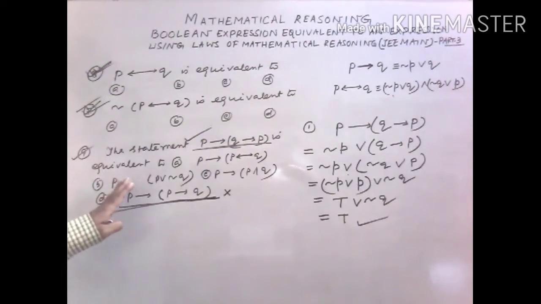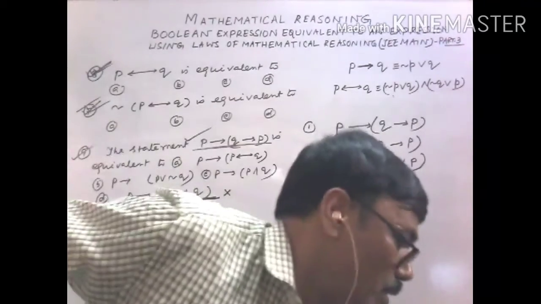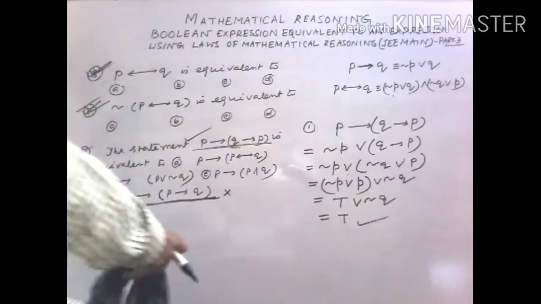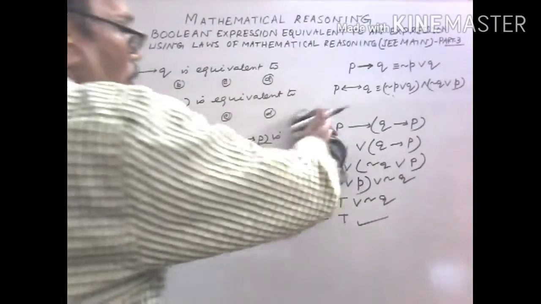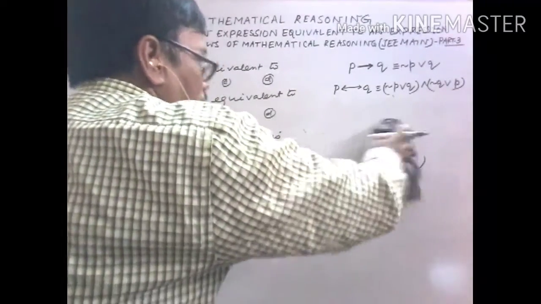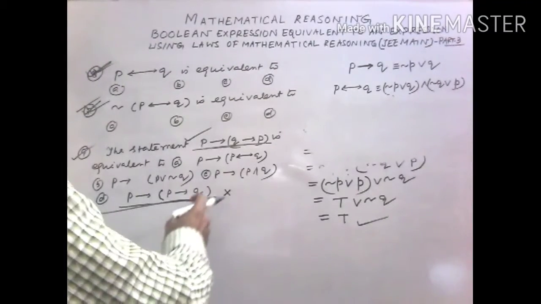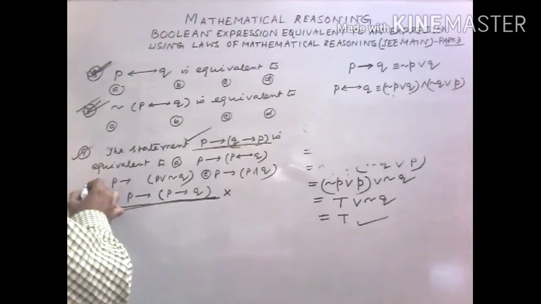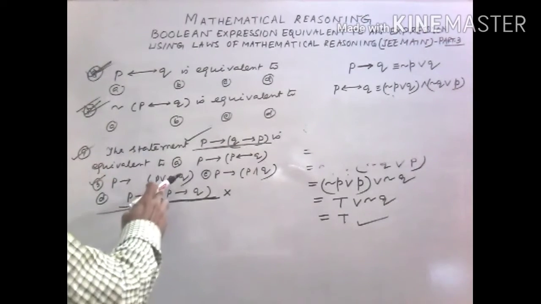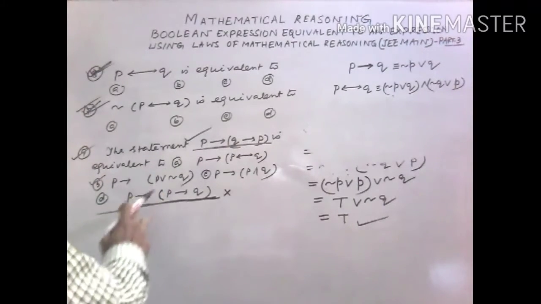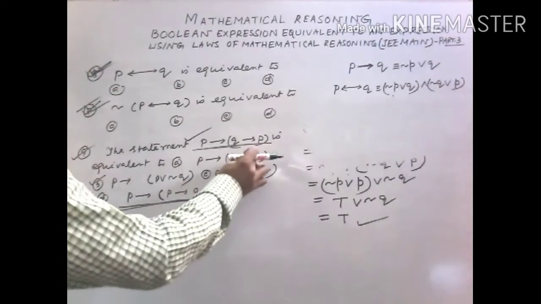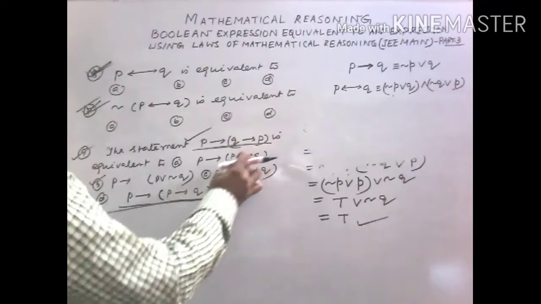Now we have to simplify A, B, C. Suppose option B, this is simple. Look, because this one is only one arrow and this is a double arrow, it will be lengthy.